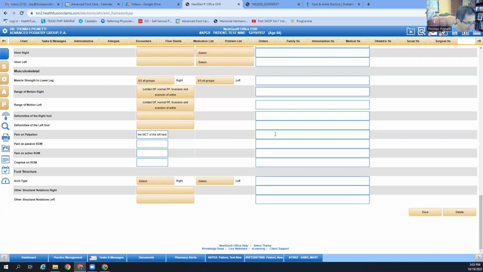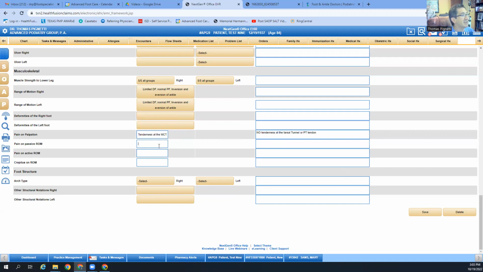And I might even say that there's no tenderness at the tarsal tunnel or PT tendon, because some people that have heel pain will have tarsal tunnel syndrome. So we'll check for tarsal tunnel syndrome, or we'll check to see if they have pain with inversion along their posterior tibial tendon, which sometimes can mimic heel pain in some people.